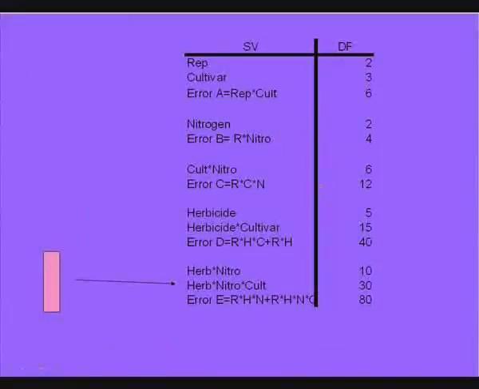So we're going to have a herbicide by nitrogen with 10 degrees of freedom, a herbicide by nitrogen by cultivar with 30 degrees of freedom, and then the error comes from pooling those 2 with reps. So herbicide by nitrogen by rep gives us 20, herbicide by nitrogen by cultivar by rep gives us 60, and 20 plus 60 is the 80 that we have down here.